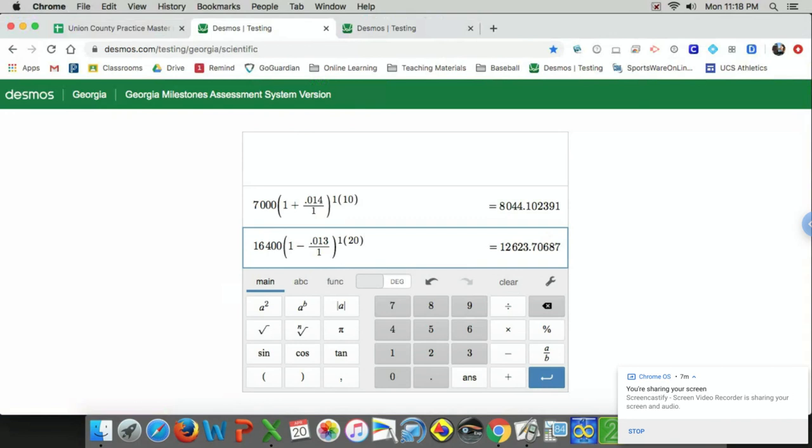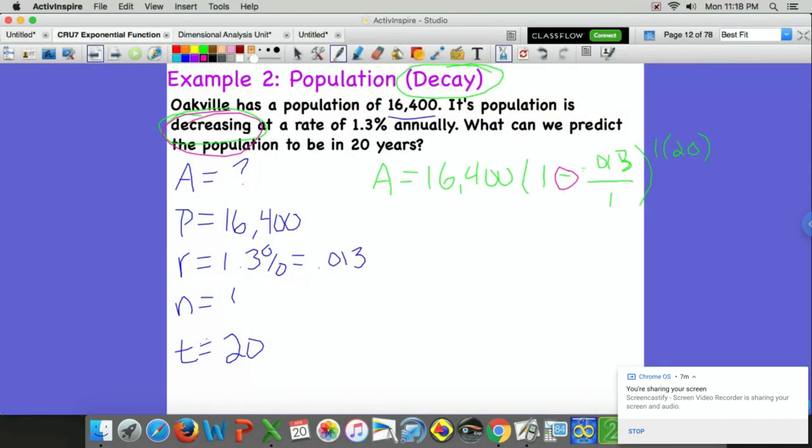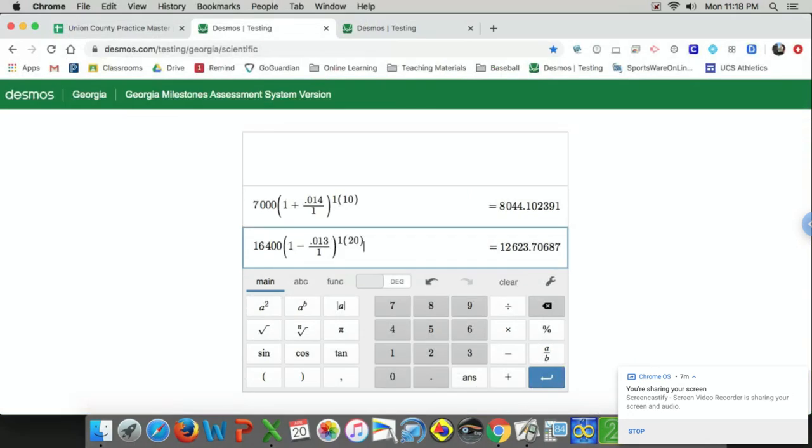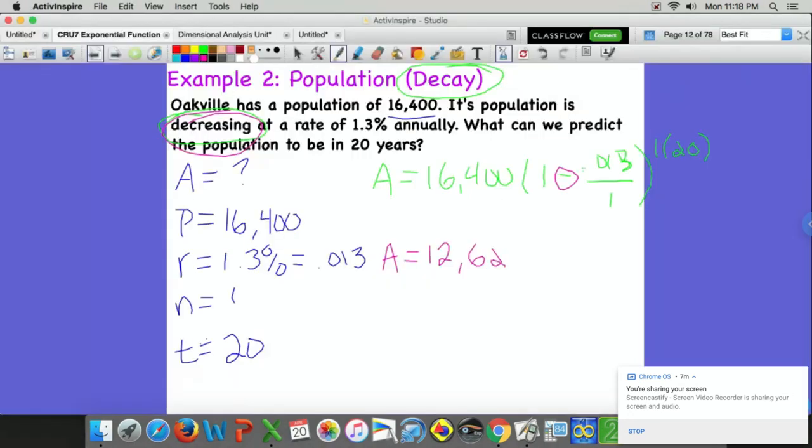That 3 is going to get rounded up. So A equals 12,624 people. So that's how that one works.